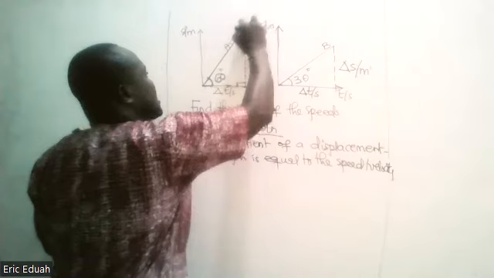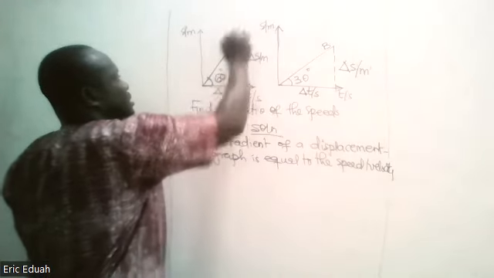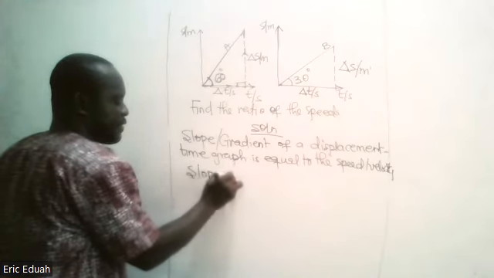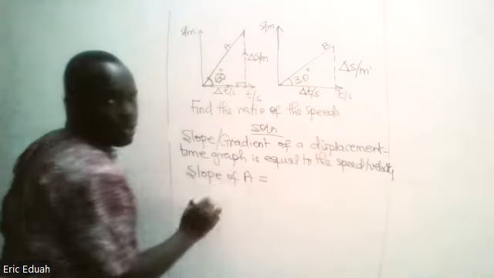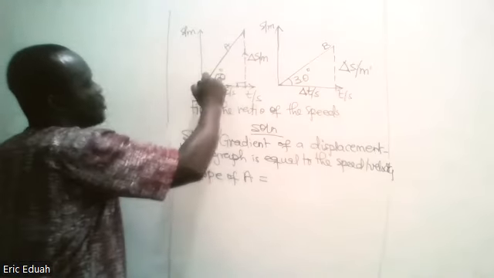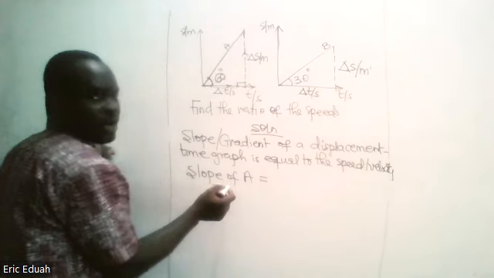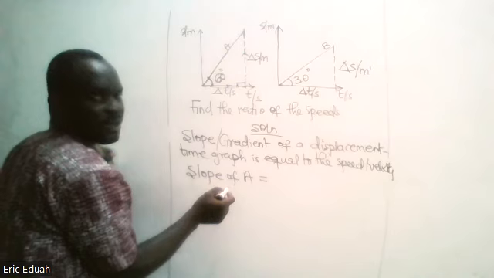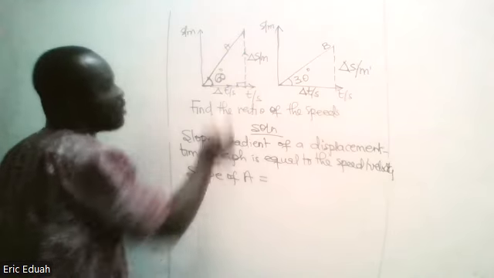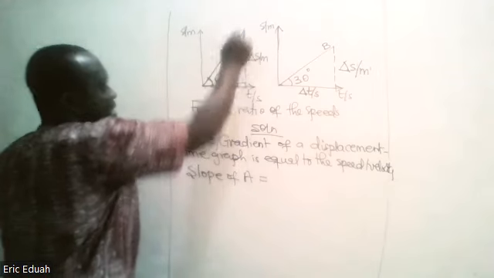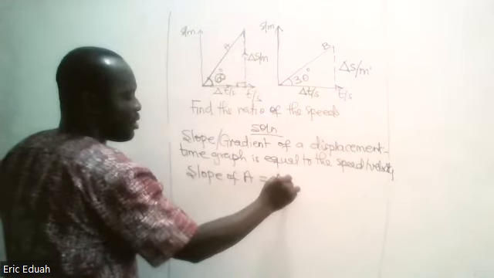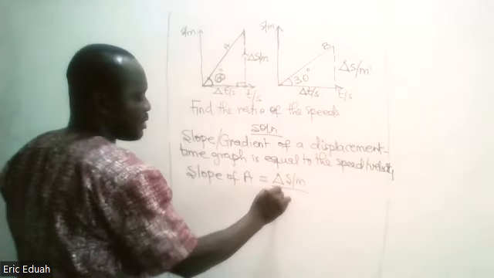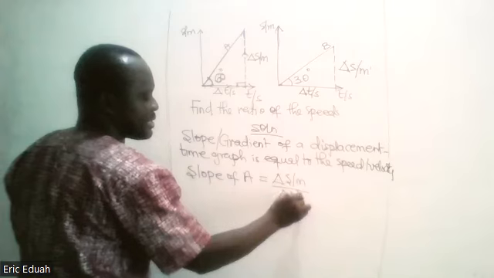Florence, help me determine the slope of this line A. So the slope of A will be equal to the change in the vertical, which is delta displacement, over the change in the horizontal, which is the time axis.